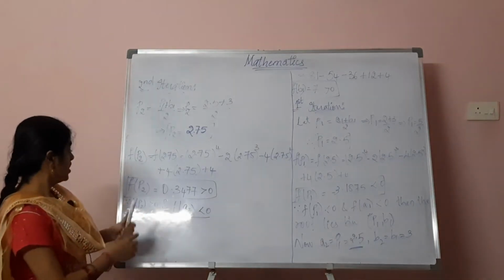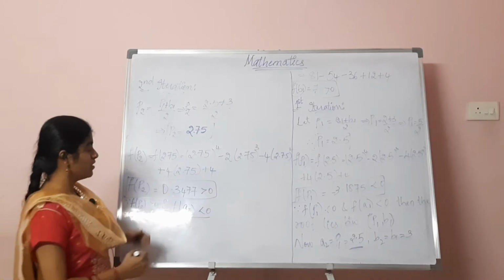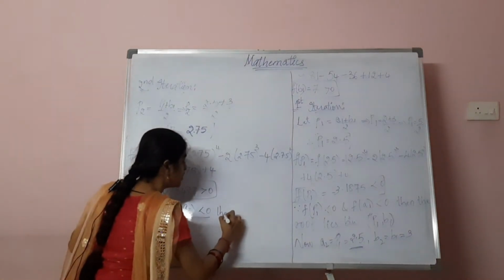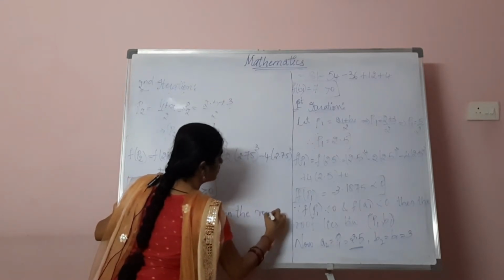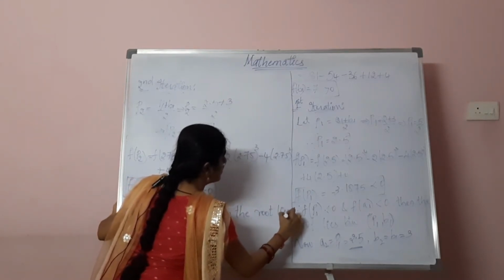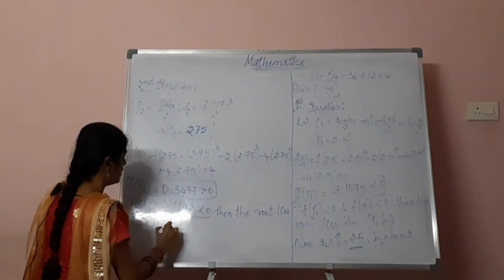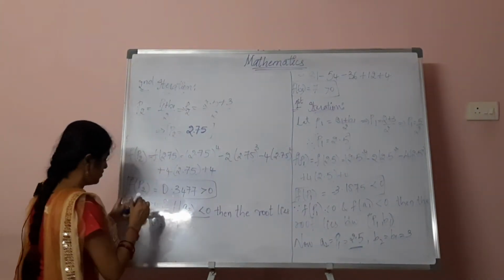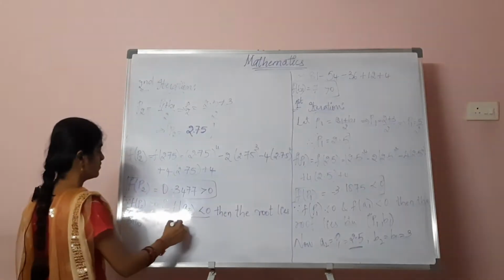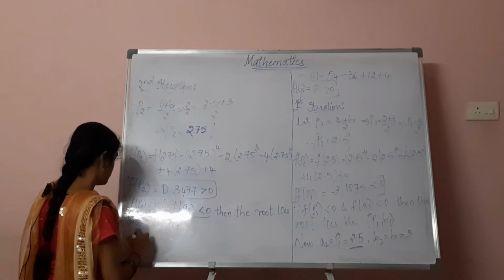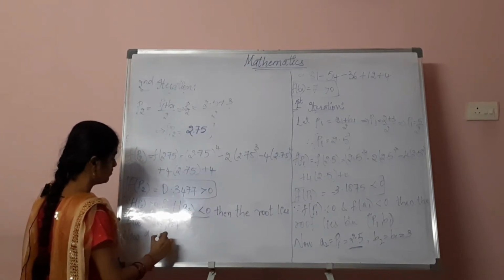So one is greater than 0 and one is less than 0. So then the root lies between A2 comma P2. Now A3 equals to A2.